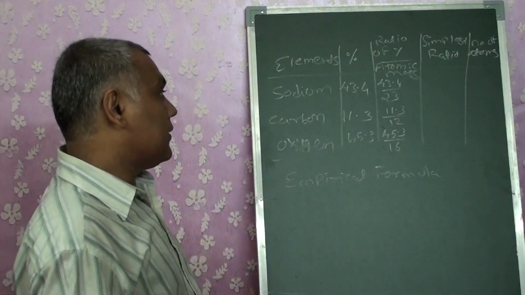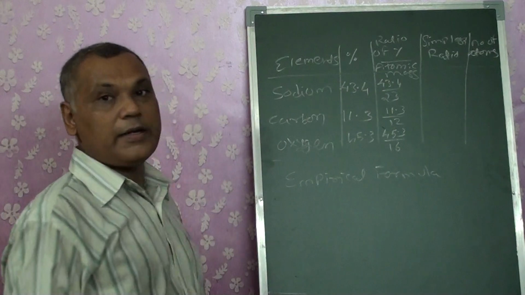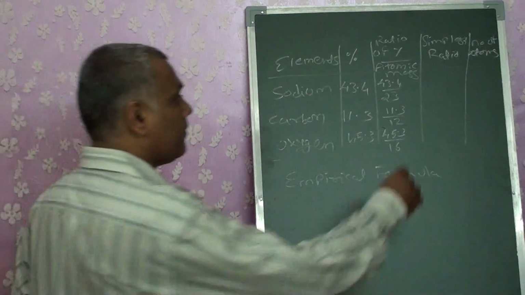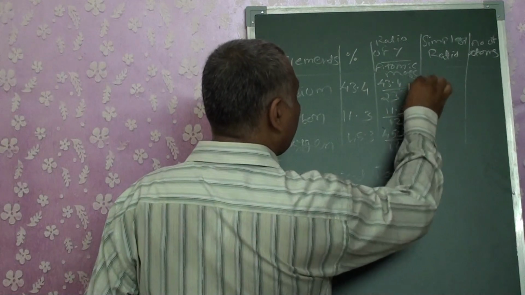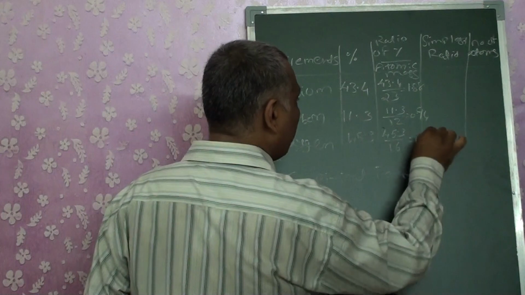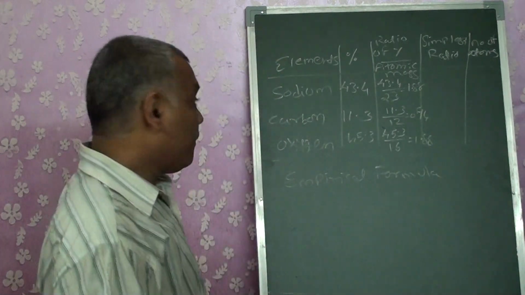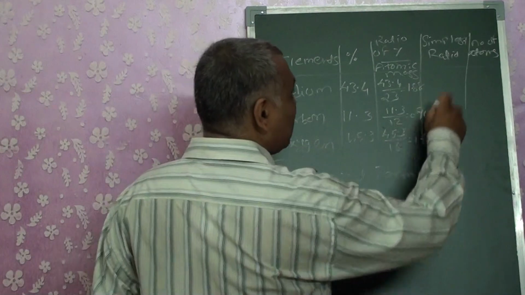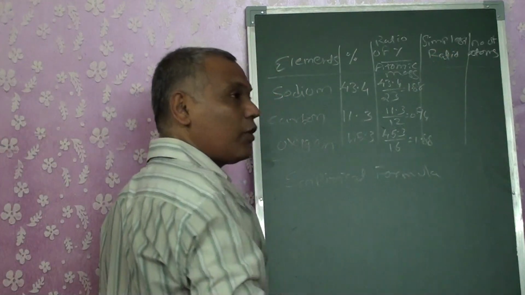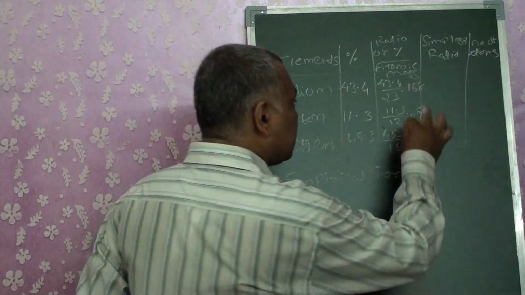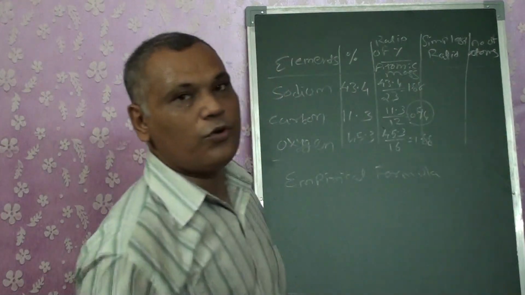When we do this, we get the answer 1.88, 0.94, 1.88. We want to find out the simplest ratio next. What will be the simplest ratio? Take the smallest number. Can I say that the smallest number is 0.94?